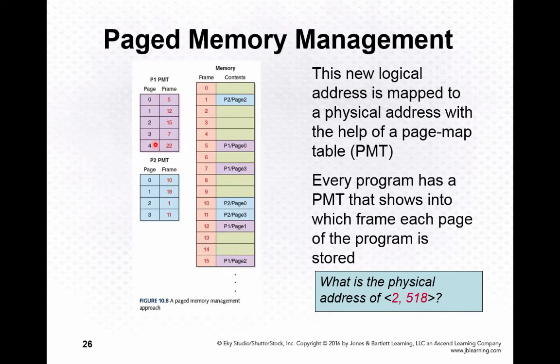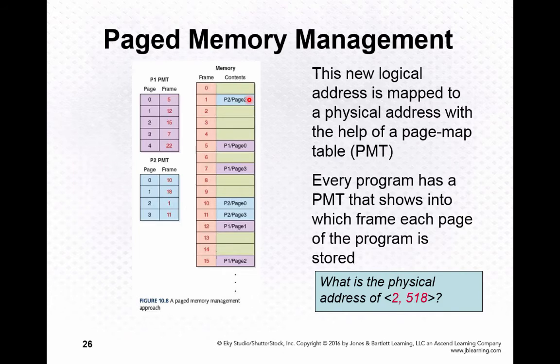Because some of these pages, you don't see it here, but sometimes you might not have a frame assigned to a page, which would mean that page is out in secondary memory somewhere. And when you want to access that, you're going to need to find an unused frame to pull that page in. And if you don't have any unused frames, you're going to need to write an existing page out to secondary memory to replace it with the one you need, and that's called swapping.